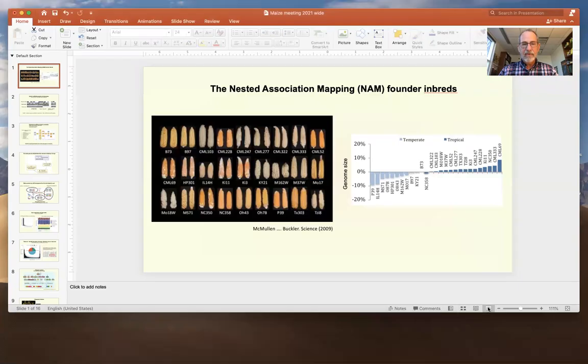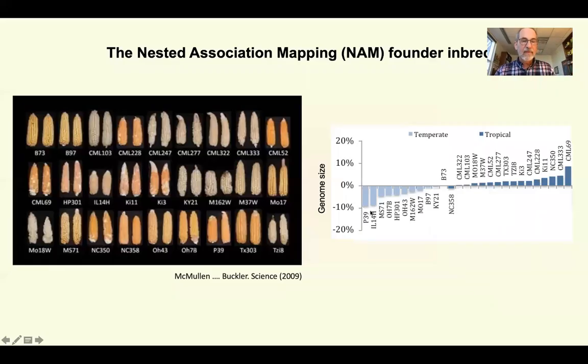Most of you are aware that the NAM genomes were the founder inbreds used for the nested association mapping population. These so-called NAM lines were chosen by Ed Buckler and colleagues some years ago to represent most of the diversity in corn.